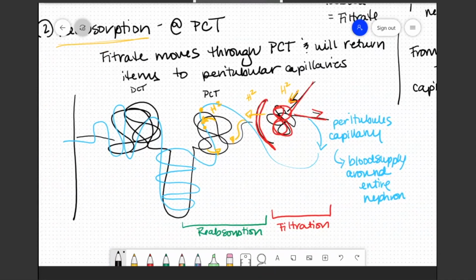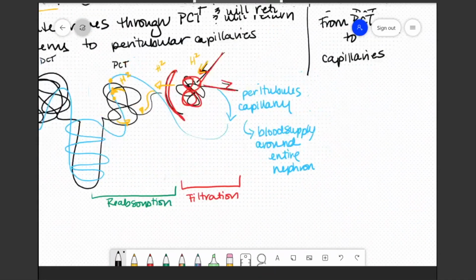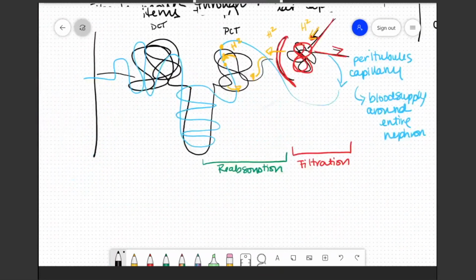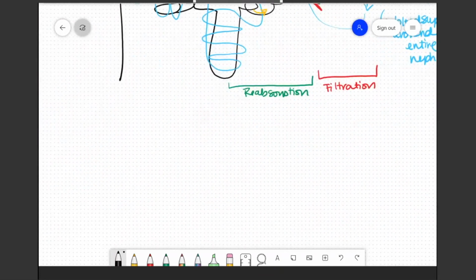So there are a couple of trends that will follow with what things want to get absorbed. With the process of reabsorption, water will reabsorb through the process of osmosis. And then there are some things that are going to be almost entirely reabsorbed.